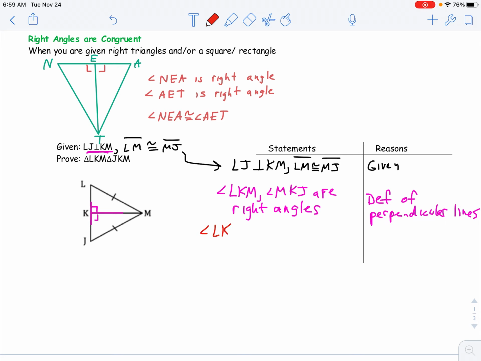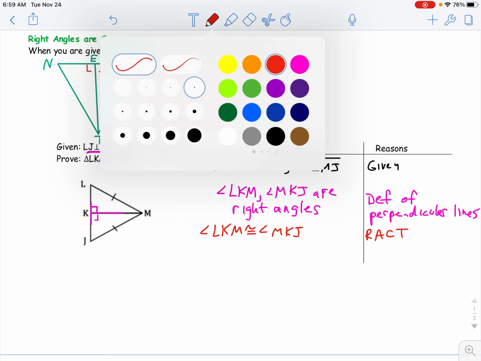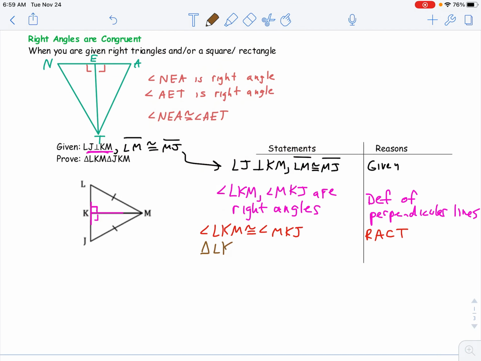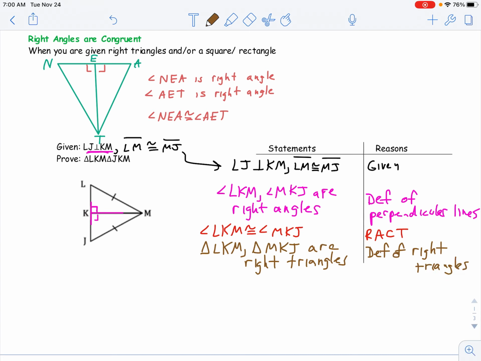Some people will specifically say then, well, that these two angles are congruent by right angle congruence theorem, RACT. And then you might even see this step right here where it's specifically saying that the triangles are right triangles. Just depends on which teacher wants to take which path. By definition of right triangles.